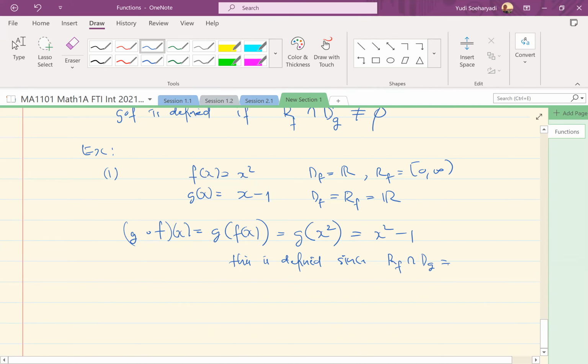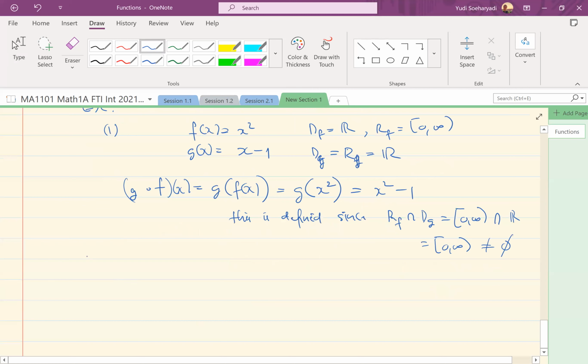So this goes: the range of f is nonnegative reals, intersect the domain of g, which is R. So this is not empty. Okay, so this is defined.